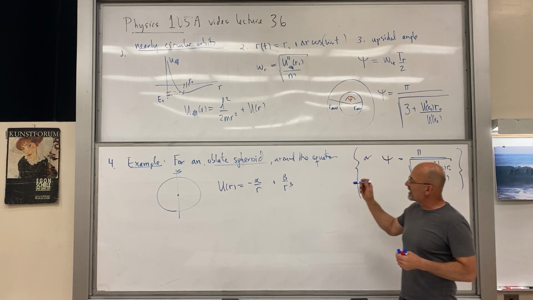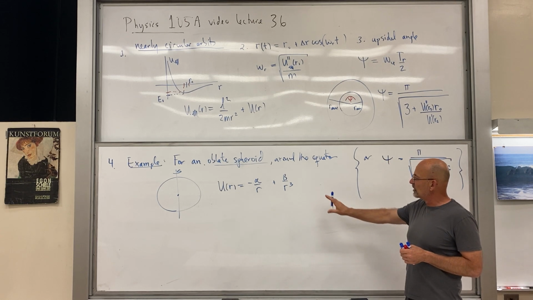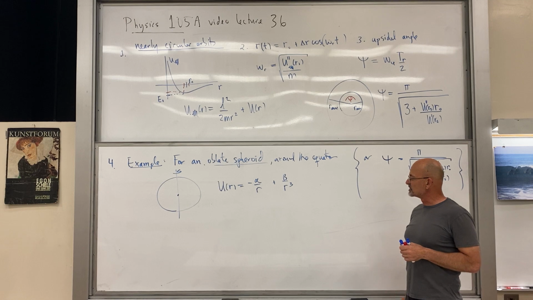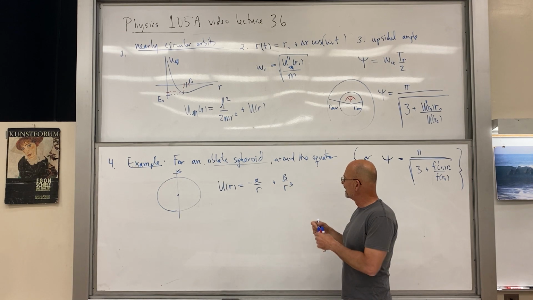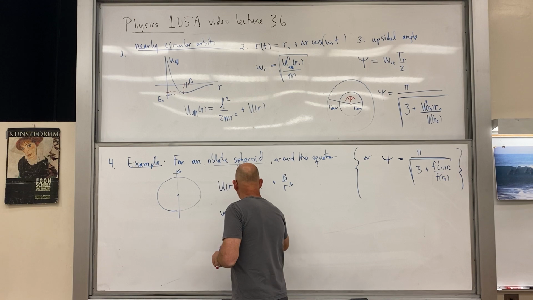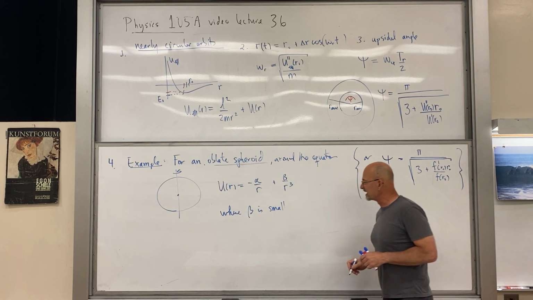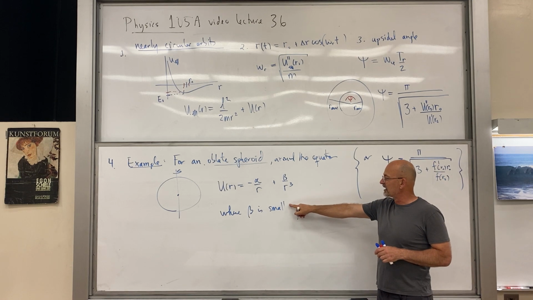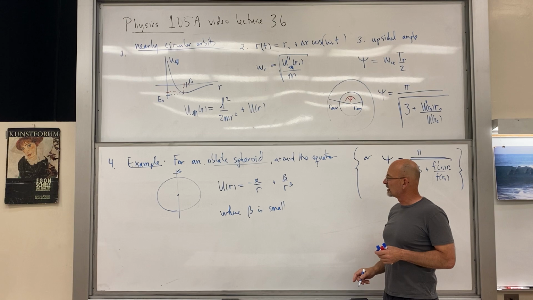So yeah, I was thinking about this and realizing that to send you off to do this problem without a little more explanation wasn't so good. So this is the result of an expansion. So what we have to say is where beta is small, and we'll actually get an expression for how beta is small, although we could actually figure it out right here.